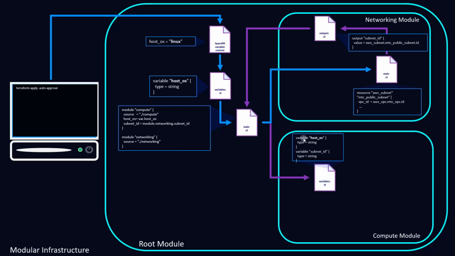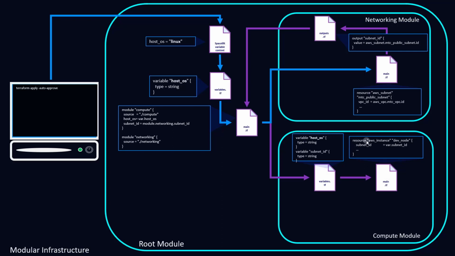So next we pass that host OS and that subnet ID in using the variables.tf file, which basically, as I've mentioned before, initializes these variables and sets their type if need be. Then after that, that can be consumed by the main.tf, which we may actually call compute.tf to help avoid confusion as we start opening all of these files.